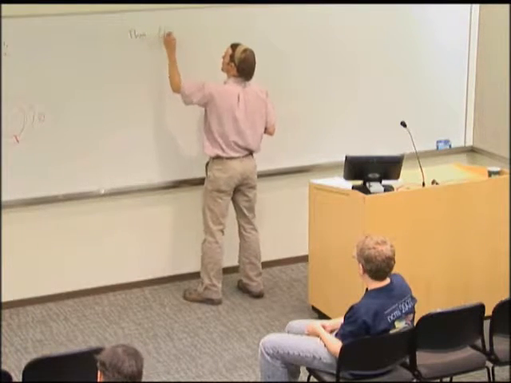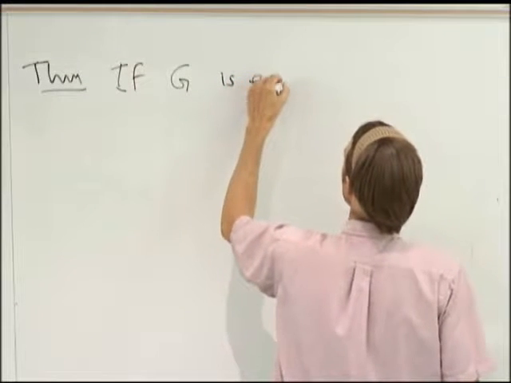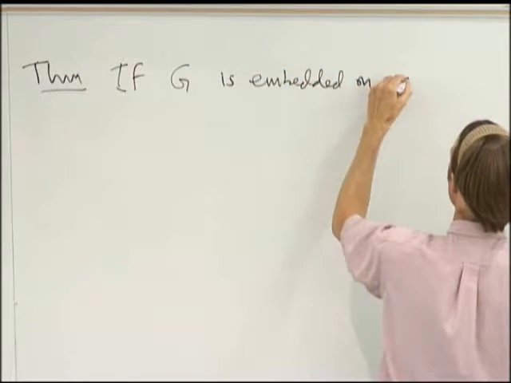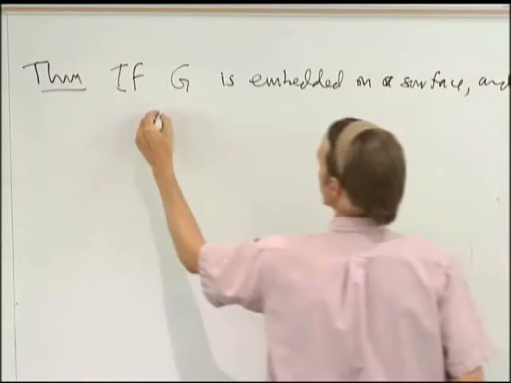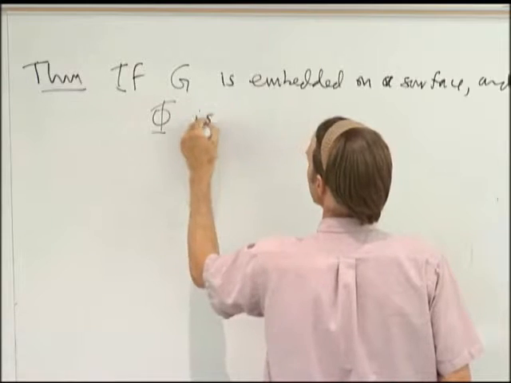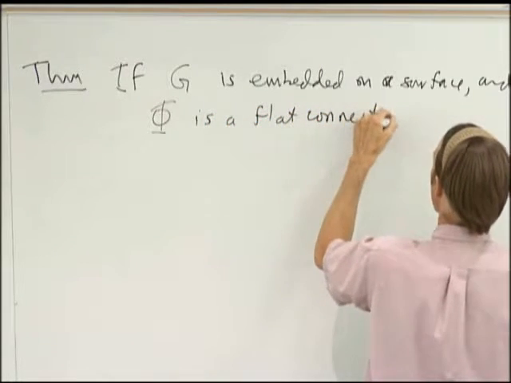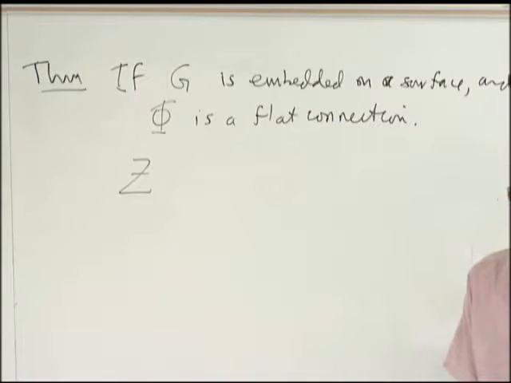So if G is embedded on a surface, and capital phi, our connection, is a flat connection, then what can we say about our partition function for our double dimer model?